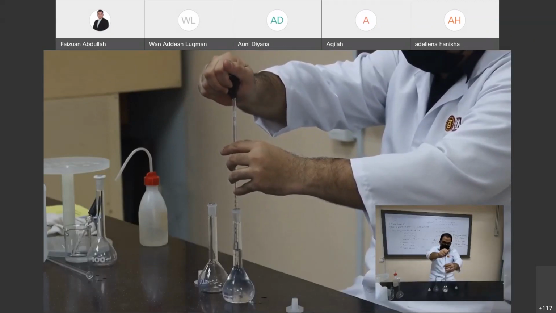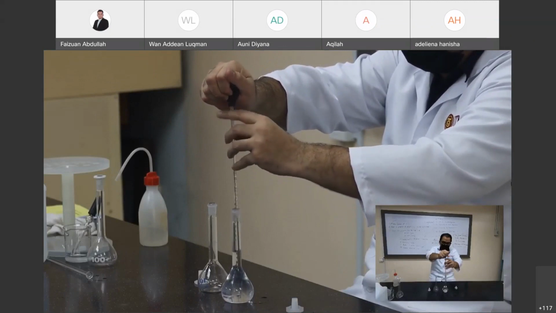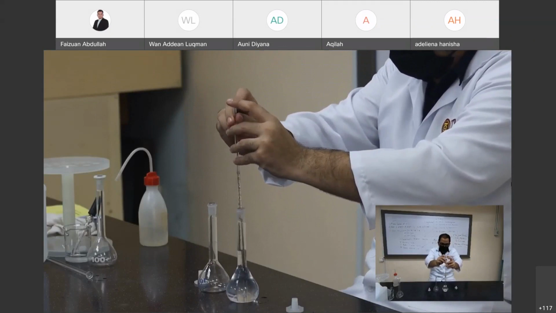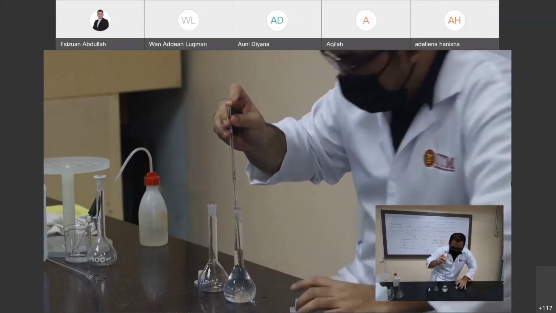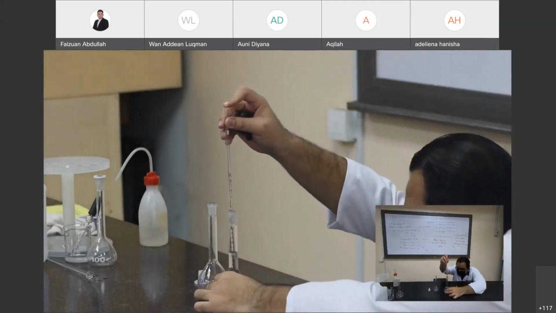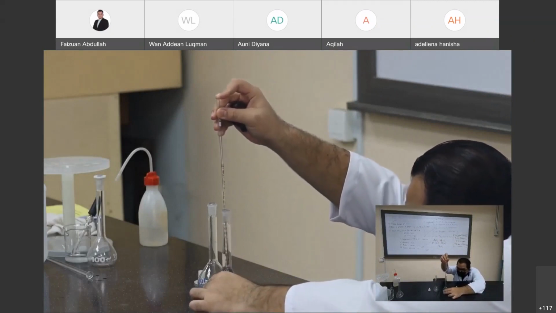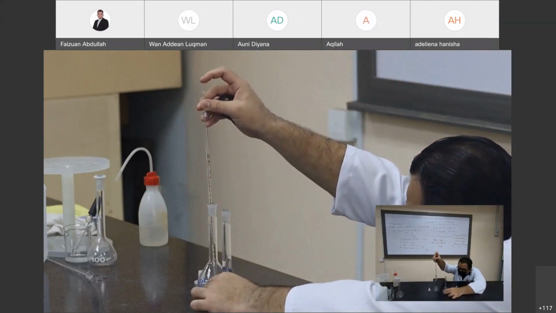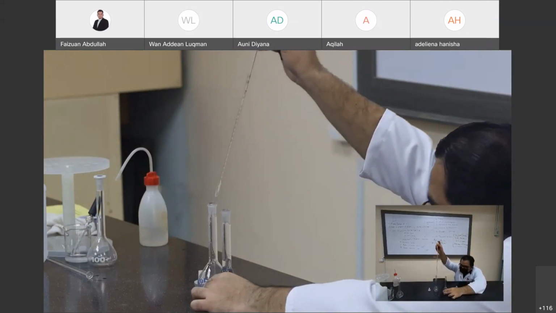I'm going to pipette that out, and I would like to transfer that amount of stock solution into the next volumetric flask. Well, you have to calculate that. I'm not going to tell you the amount.